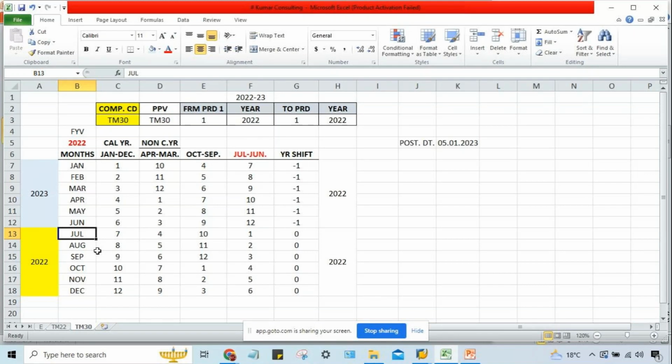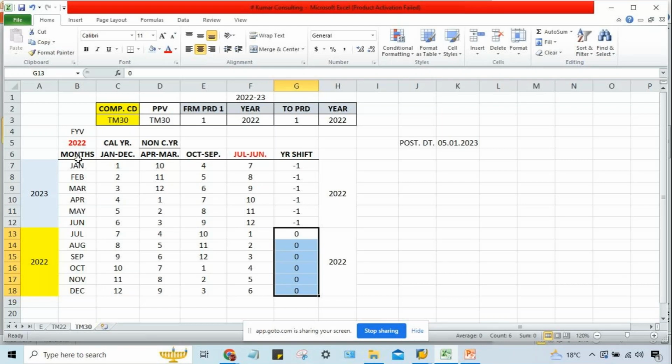If 22 is started, look here, the scenario changes. If 23 is started, then here +1. Plus 1, simple.